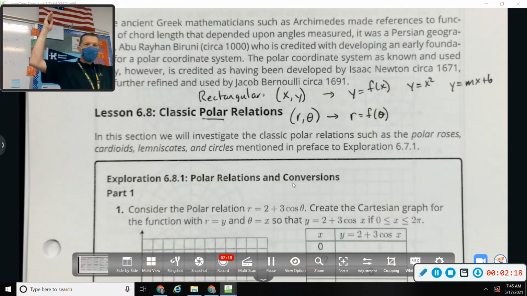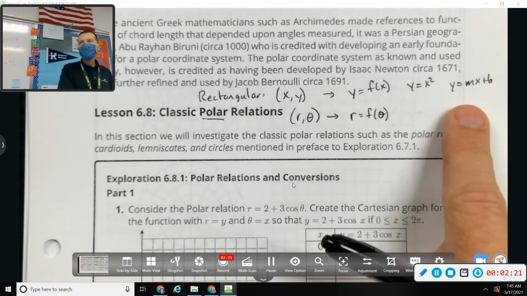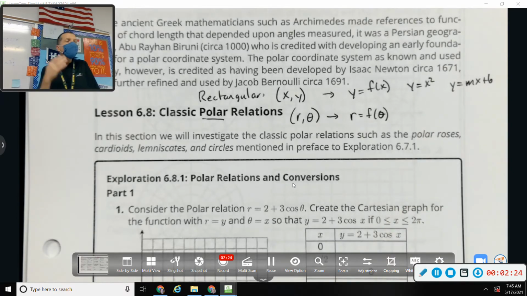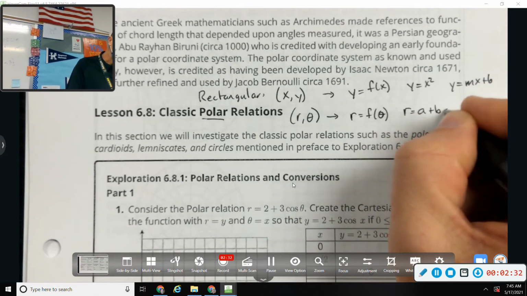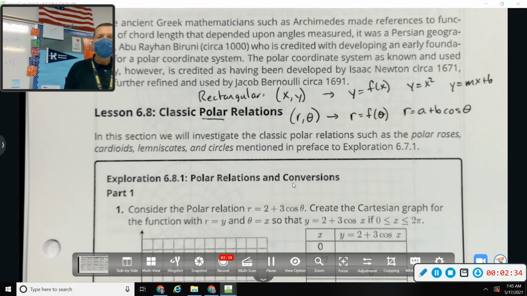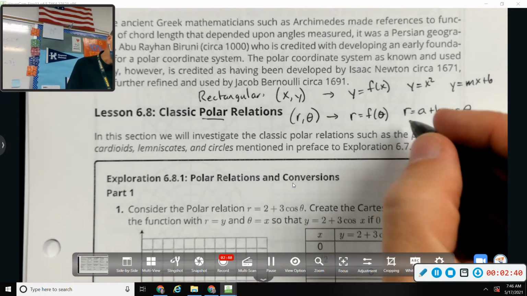Yeah, some of you are saying it's a parabola. What about y equals mx plus b? It's a line. So you know those because you just recognize their form. We're going to get to the point where you recognize things like that. Right now you have no idea what that looks like, and that's fine. I don't expect you to. But by the end of this week, you'll need to know what that is.